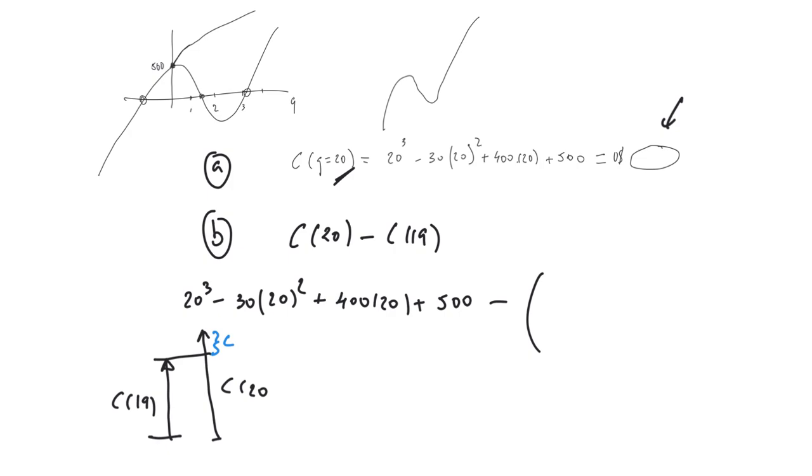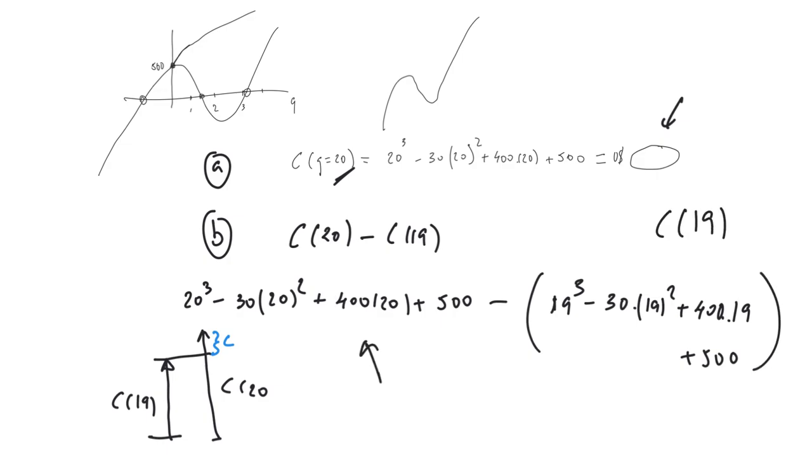So I have to subtract here 19 cubed minus 30 times 19 squared plus 400 multiplied by 19 plus 500. So this is C of 19, and everything here is C of 20. The subtraction will tell you how much the 20th car costs in dollars.